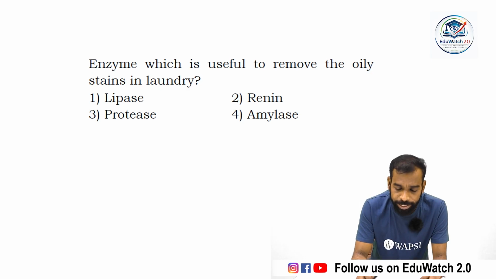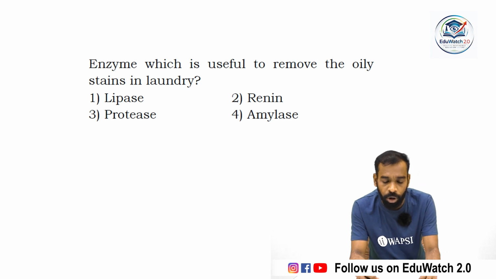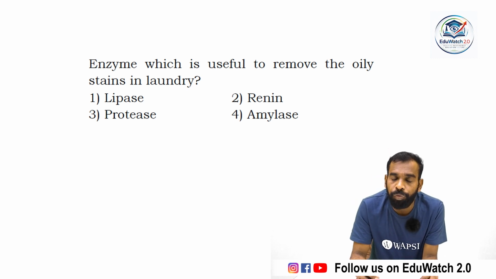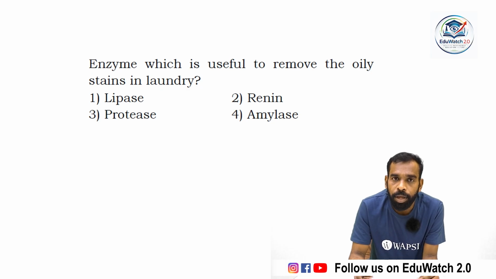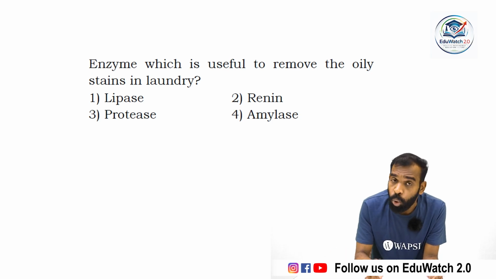Question number 18. Which enzyme is useful to remove oil stain in laundry? We are using different types of detergents for removing dirt from our dresses, and those detergents must contain enzymes.